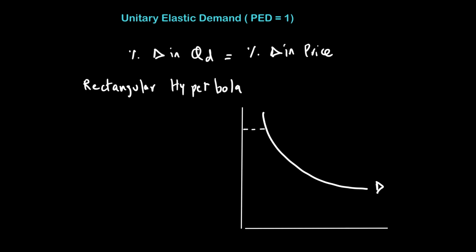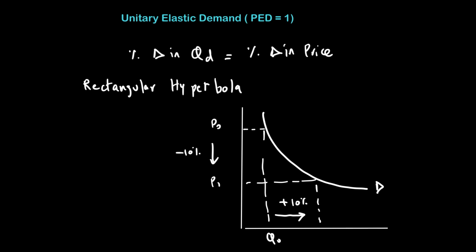So for example, if my price goes down from, let's say, P0 to P1 by 10%, there's an equal and opposite change in quantity demanded. So if the price is going down by 10%, the quantity will go up by 10%, right?